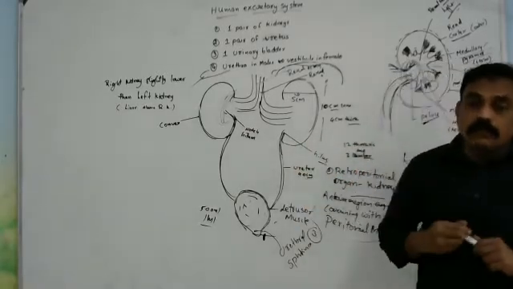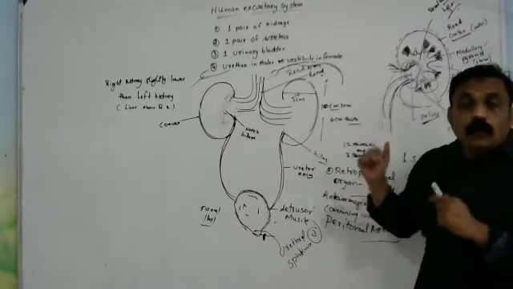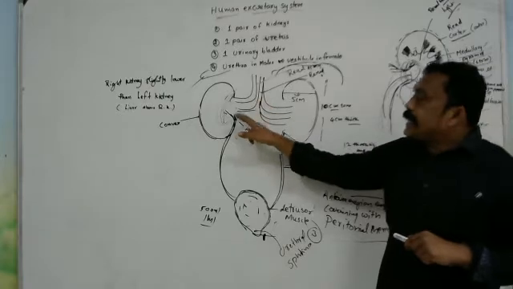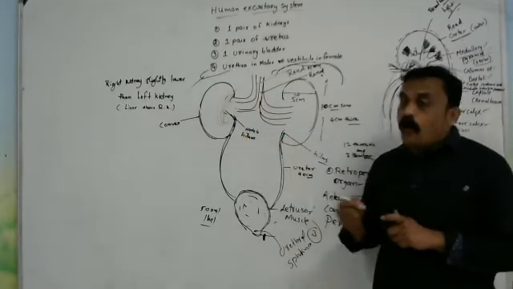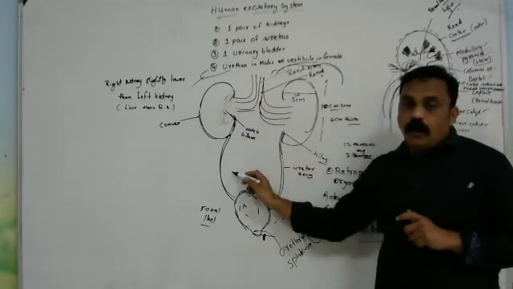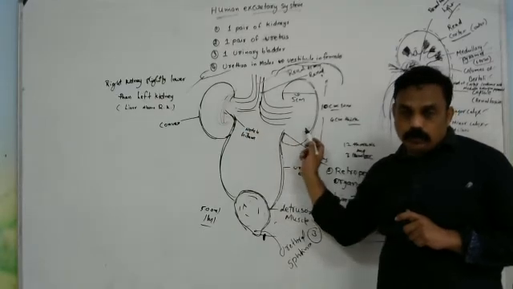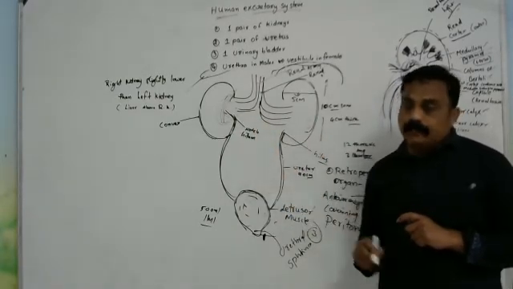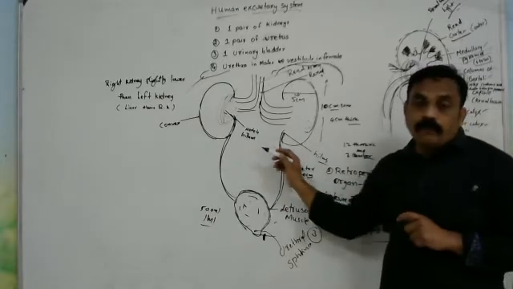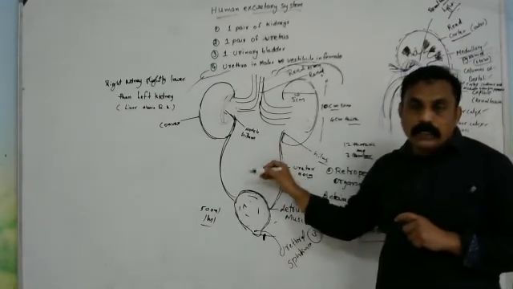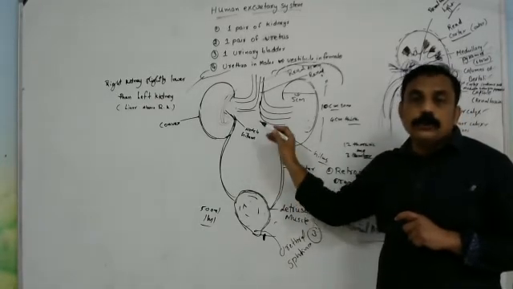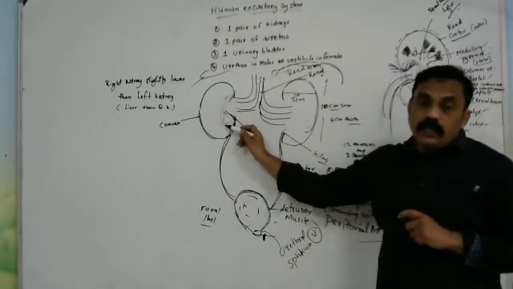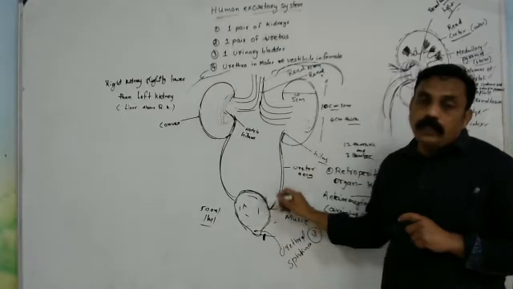Within 5 minutes, I will repeat what we discussed about the human excretory system. It is made up of one pair of kidneys, one pair meaning two, and one pair of ureters. These ureters are whitish, thin, long tubules connecting the kidneys with the urinary bladder.